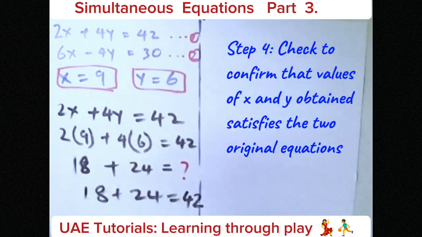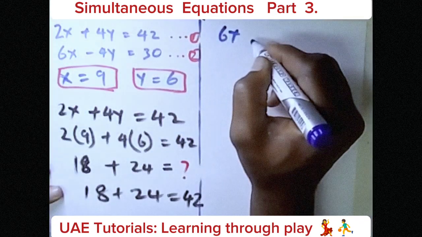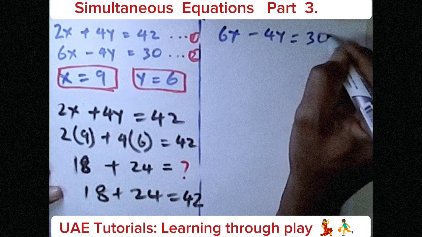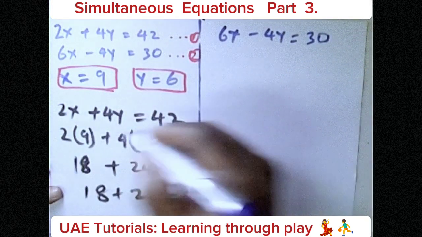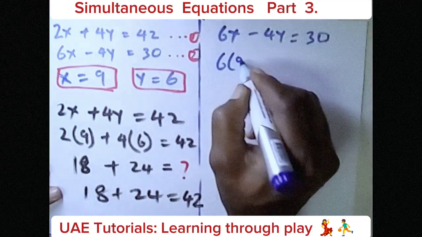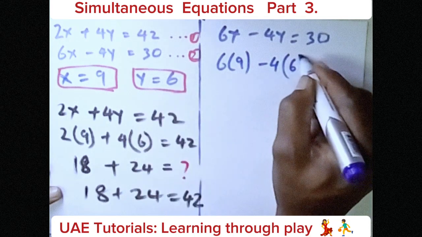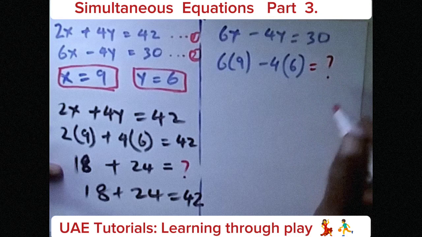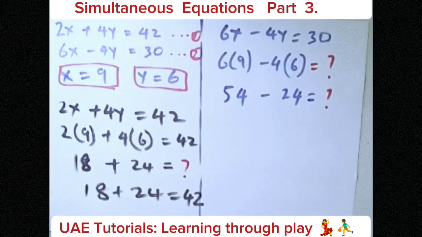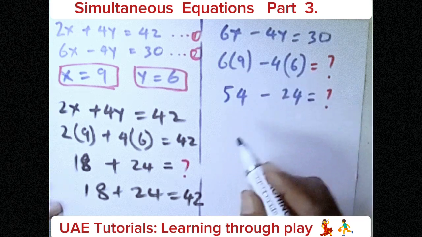Alright, so we go to the other equation. It says 6x minus 4y equals 30. So we substitute these same values into this. That means 6 times 9 minus 4 times 6. Does that give us 30? Let's continue. Check your calculator. 6 times 9 is 54. 4 times 6 is 24.